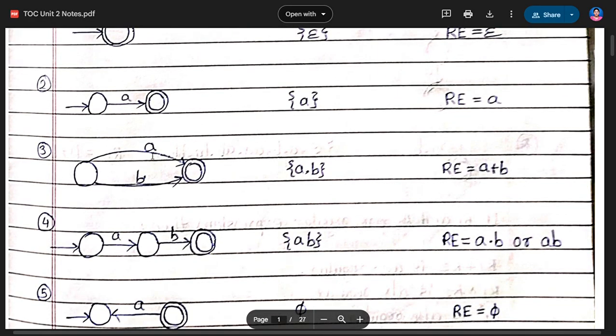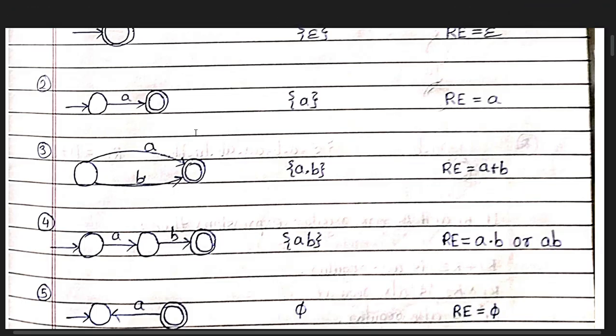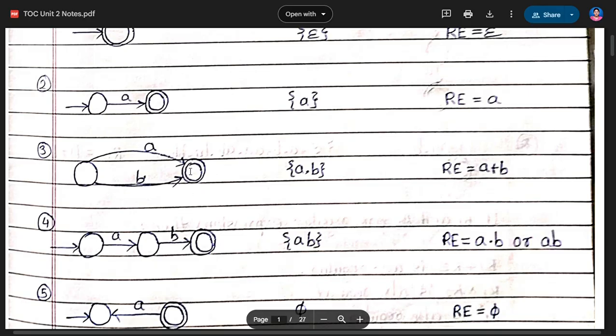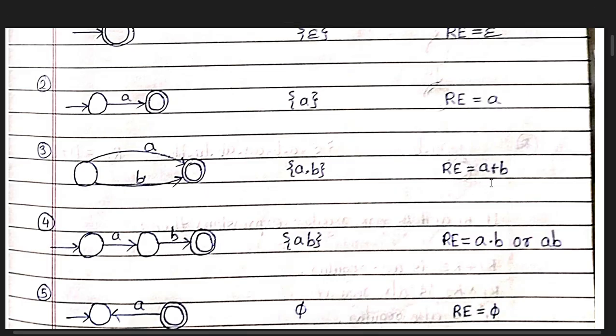A is going to the final state and B is also going to the final state. It's a union, so we write RE equal to A plus B. Whenever you see this type of diagram, you have to write RE, the regular expression, equal to A plus B.